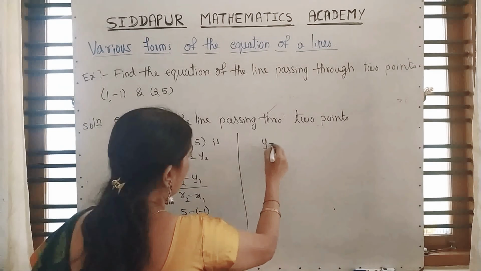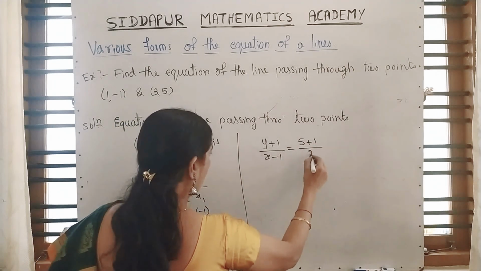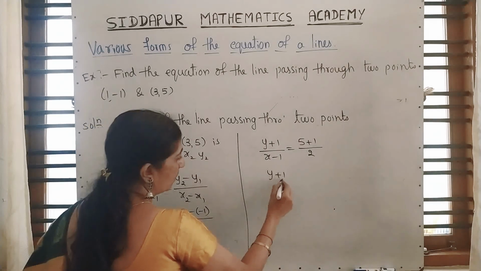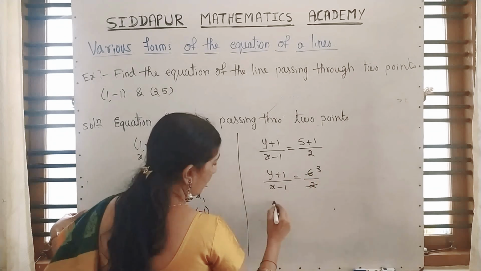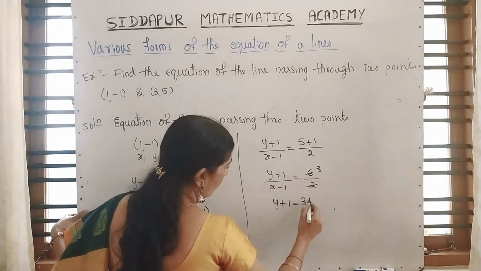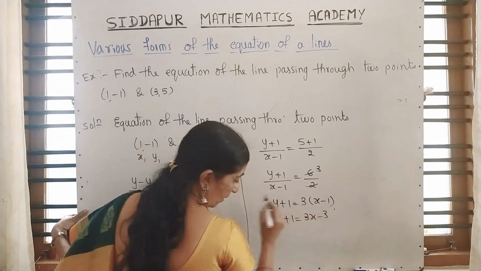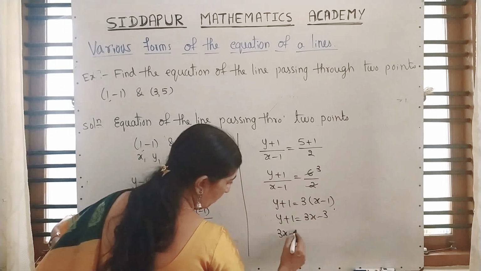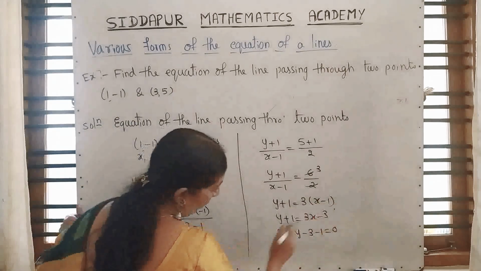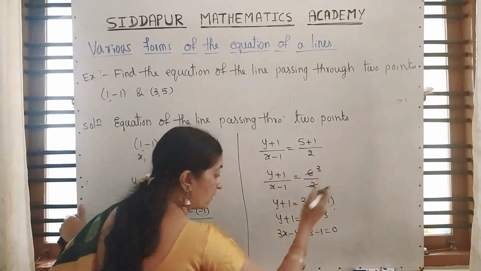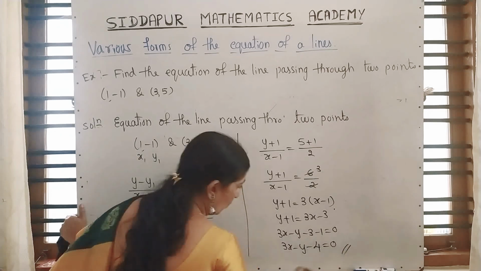Minus into minus becomes plus, and 5 + 1 over 3 - 1 gives 2. (y + 1)/(x - 1) = 6/2. Cross multiply: y + 1 = 3(x - 1), that is 3x - 3. Or 3x - y - 3 - 1 = 0, I wrote the y + 1 terms on the right side. 3x - y - 4 = 0.